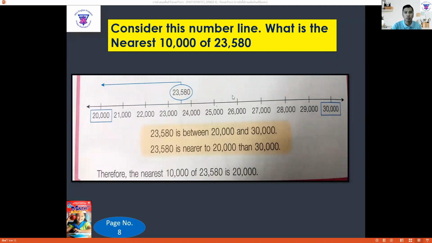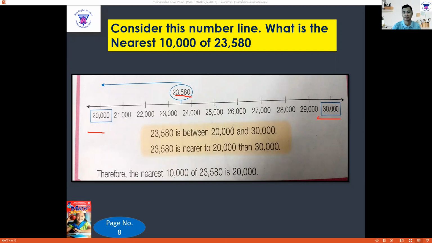Okay, so what is the nearest 10,000 of 23,580? Okay, is it 20,000 or 30,000?